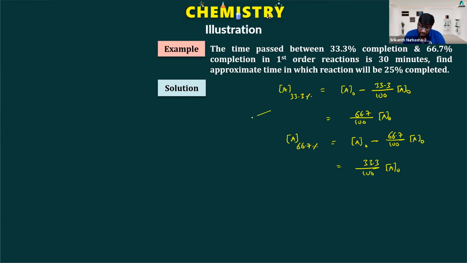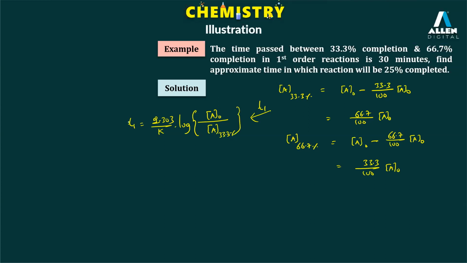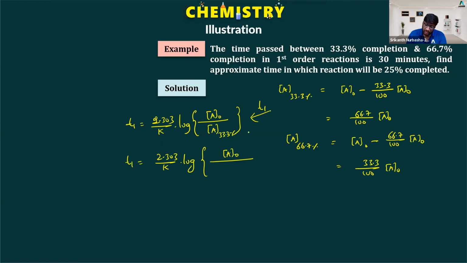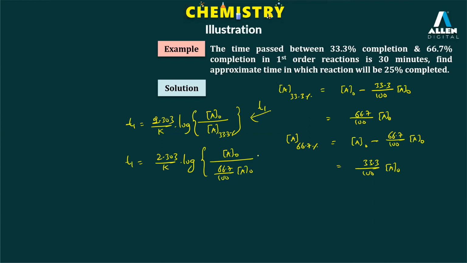So let us take 33.3% completed in t1 seconds. So time t1 is equal to 2.303 by k into log of initial concentration of A at time t equals 0 divided by concentration of A at 33.3%. So t1 is equal to 2.303 by k log A naught divided by 66.7 by 100 A naught.